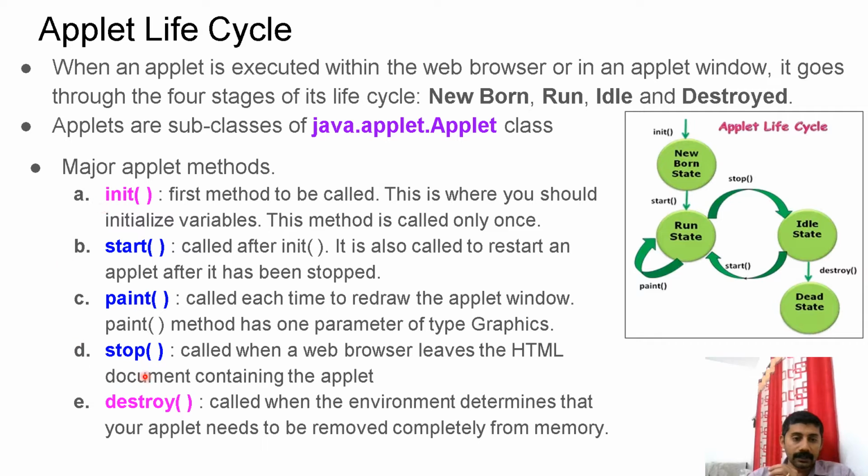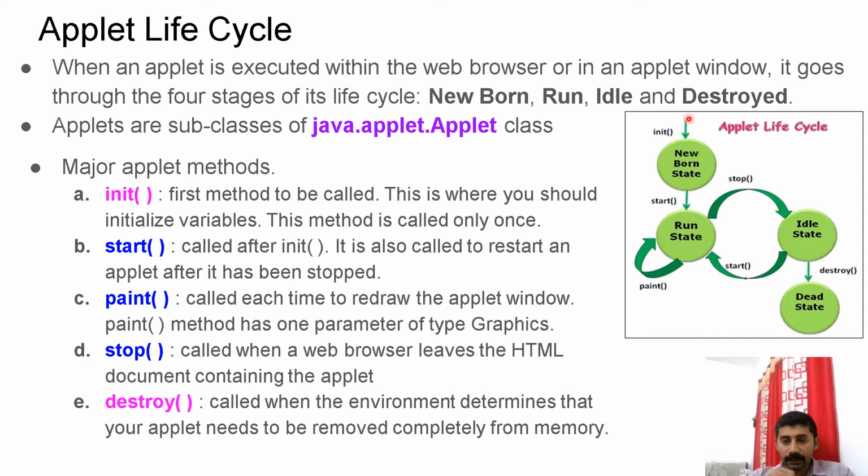For other methods, no arguments are passed. The stop method is called when the web browser leaves the HTML document containing the applet. The destroy method is to completely unload the applet from memory. To destroy the entire applet, the destroy method is called. And all these methods are called by the web browser or the container which is running the applet.